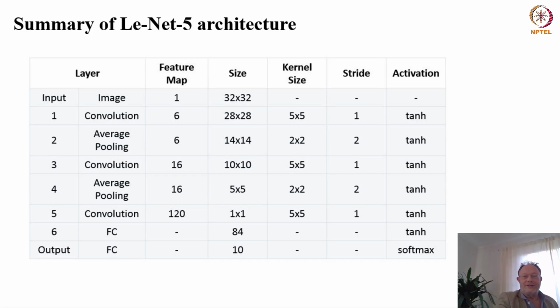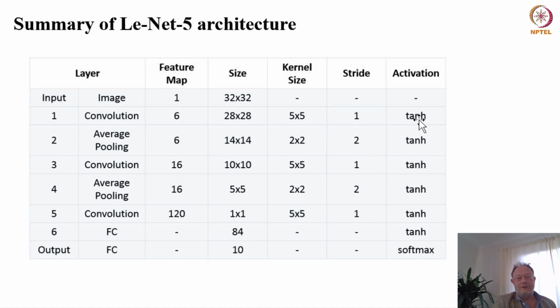Here you can see a summary of the system. You can see the different layers employed, the feature maps produced, and their sizes. The filter kernel is a synonym for filter, so you can see the filters applied, the strides, and the activation functions.